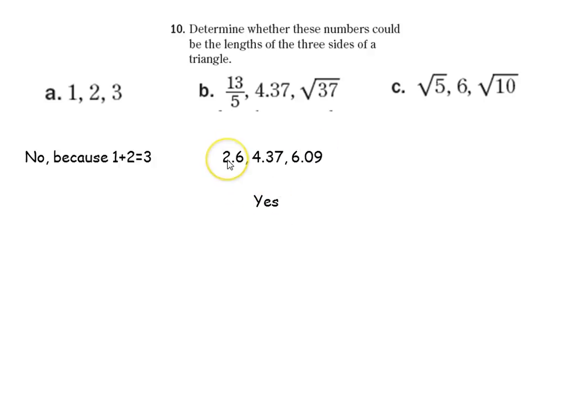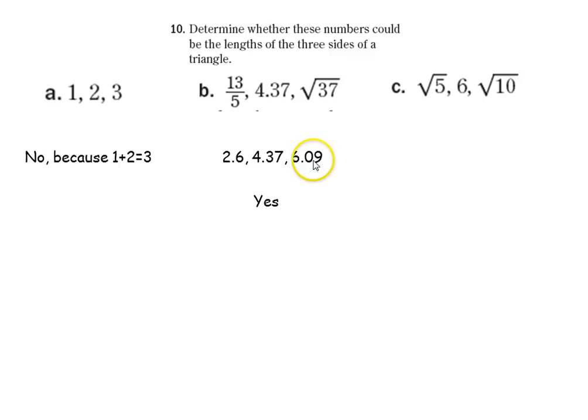So if we do 2.6 plus 4.37, that is going to be bigger than 6.09. So 2.6 plus 4.37 is going to be 6.97, which is clearly bigger than 6.09. So even though I rounded up, it's still larger.